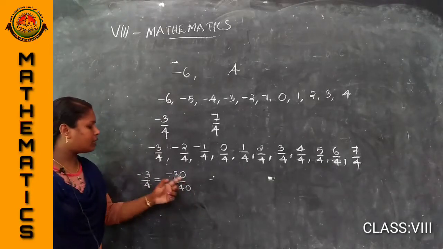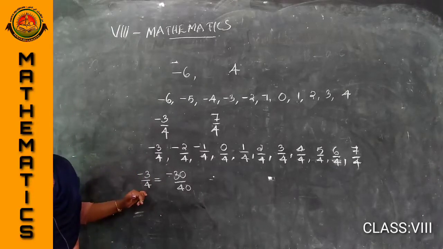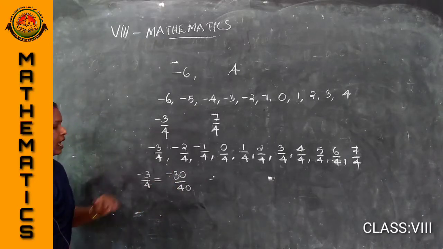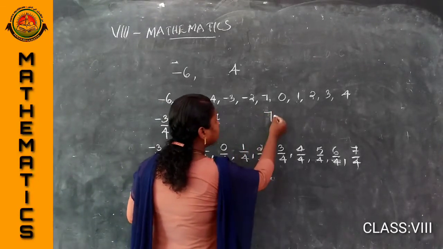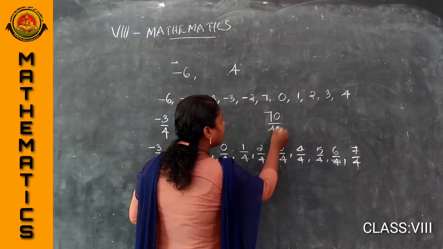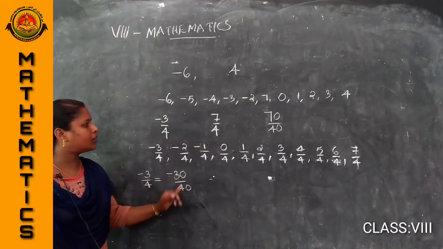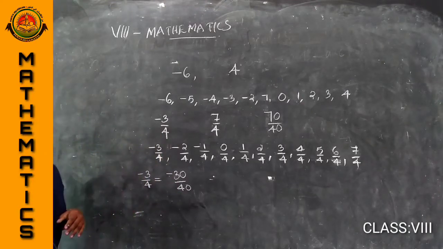This -30/40 is equivalent to -3/4; we multiplied 10 in the numerator and denominator. We can rewrite 7/4 as 70/40. So in between -30/40 and 70/40, many rational numbers are there.